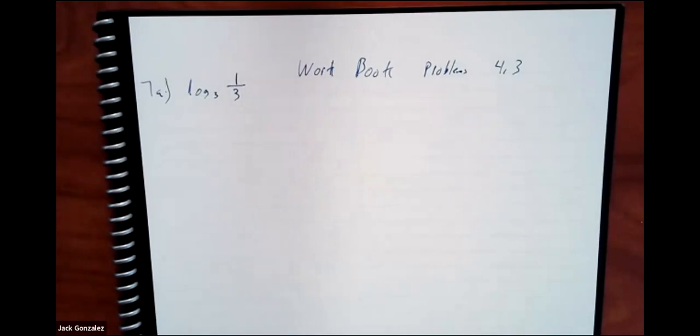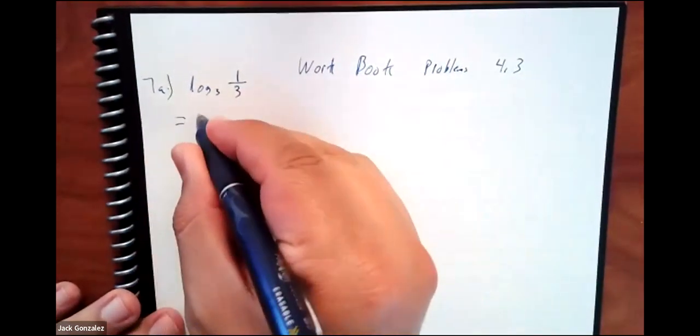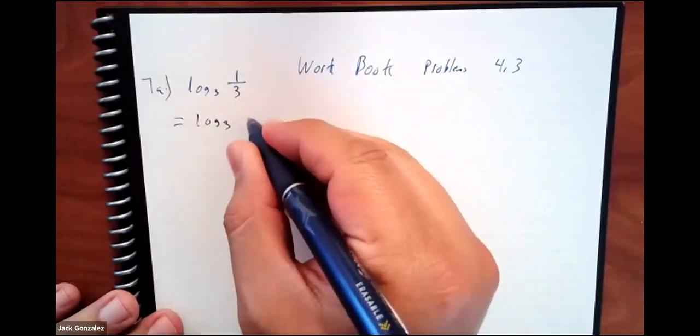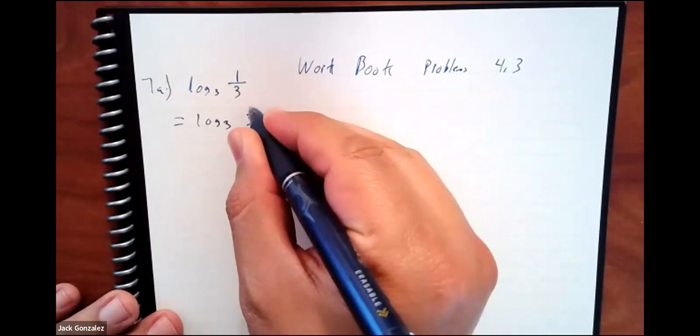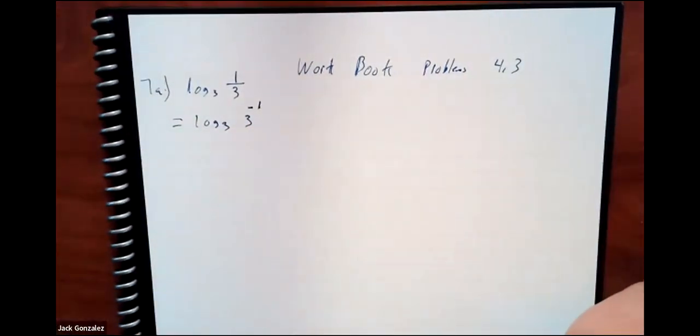So log base 3 of 1/3. Remember we said in rule number 6, if they match up, they just cancel. So rewrite the 1/3 as a 3 to the -1, because that's the same.